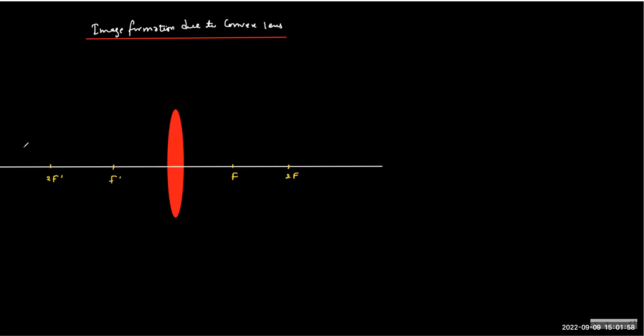So the first question is, of course, when the object is at infinity. So if U is at minus infinity, let's say I'm taking the light from here, if the light is coming from minus infinity, what will happen?